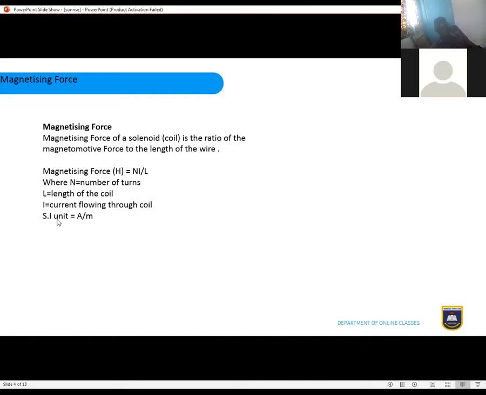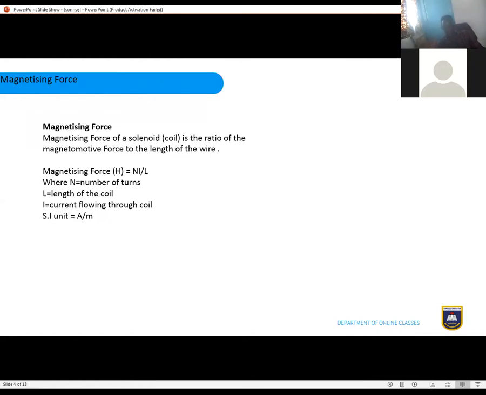Now, the SI unit for this is ampere turn per meter, or ampere per meter. Why ampere per meter? We said that magnetomotive force is measured in ampere turns because it's the current times the number of turns. Current is measured in ampere, so ampere.